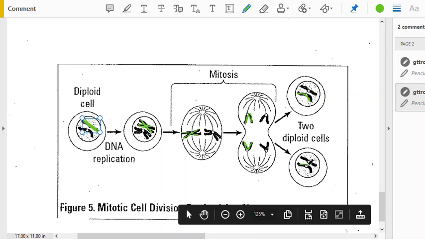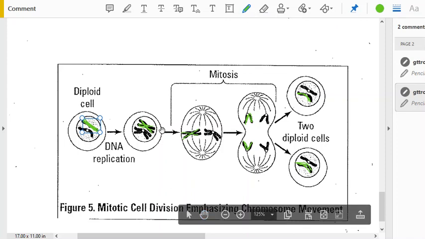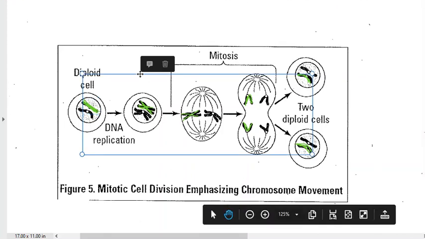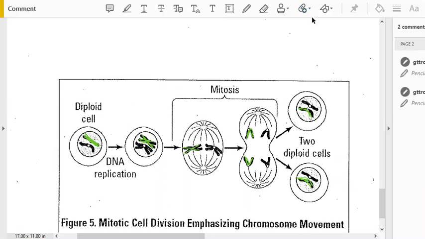I just don't want to switch between the different colors in this version because it gets very cumbersome. I'll do blue for my other chromosome.